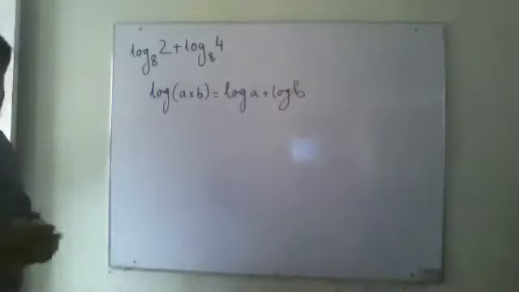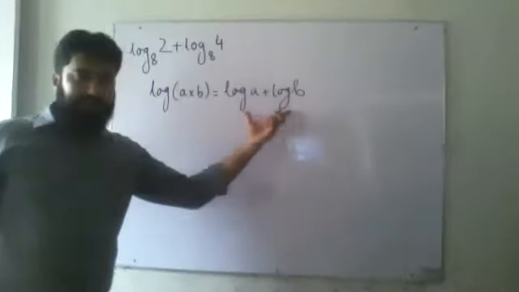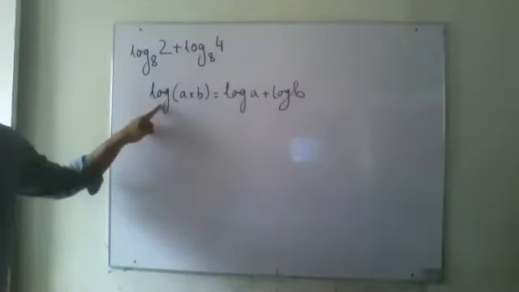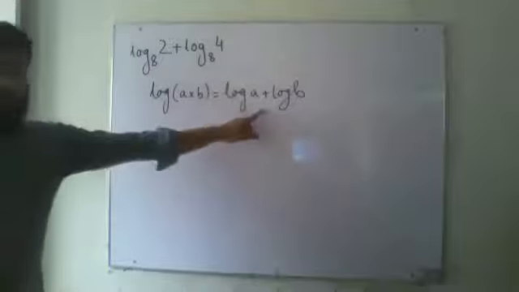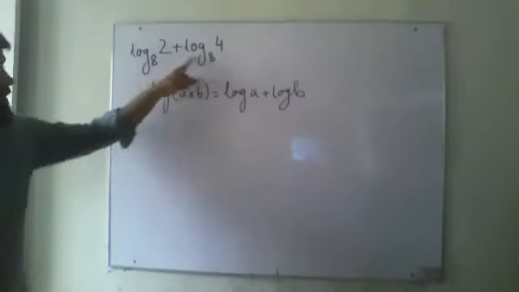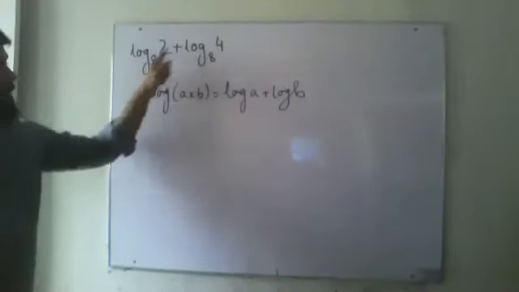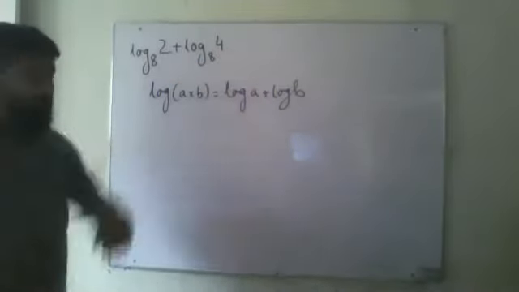Or if it is written like this, I can write them in this way. So this thing over here is written in this form. Log is same, bases are same, only multiple is different. So what will I do?